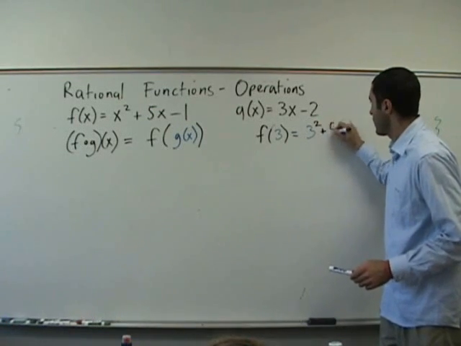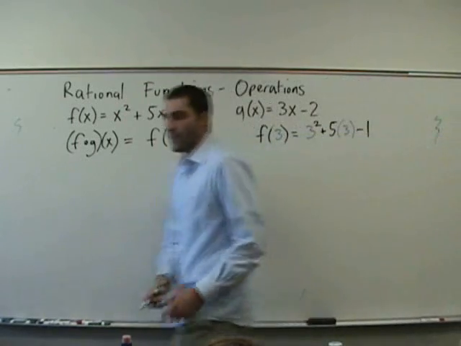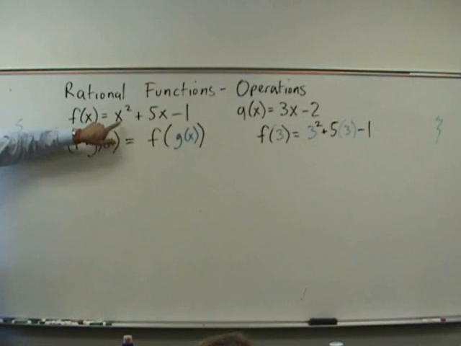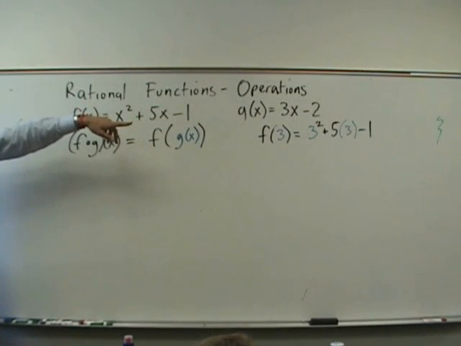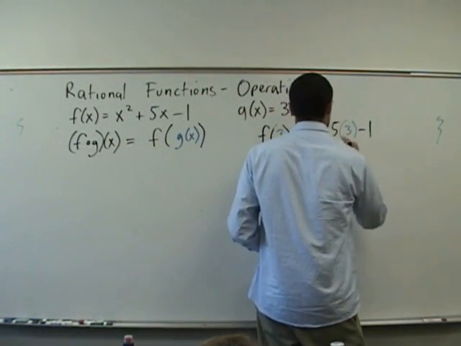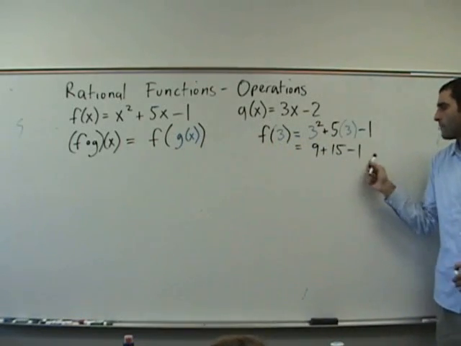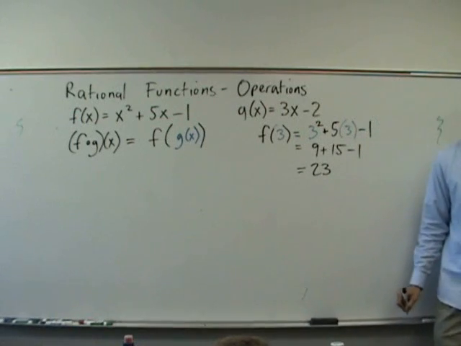Notice, f of 3 means within your f of x equation, every time you see x, you write 3. Now we can calculate arithmetic. What's 9 plus 15? 24 minus 1 is 23. That's a good sign. Michael Jordan, my hero.